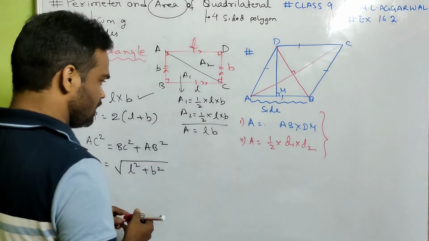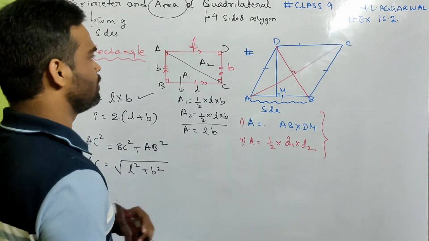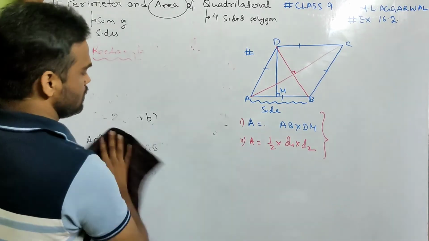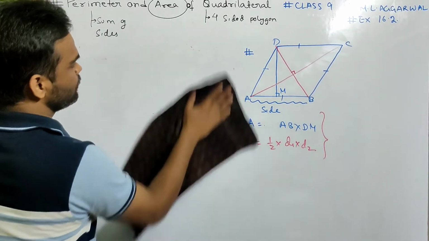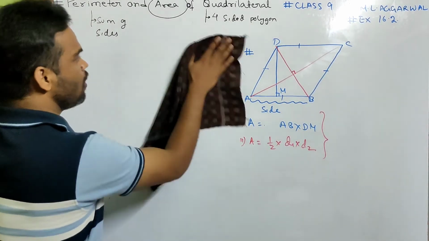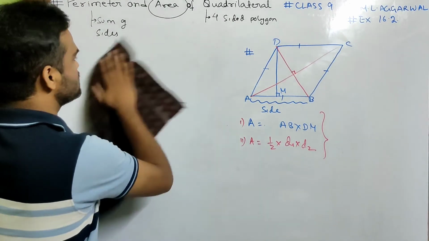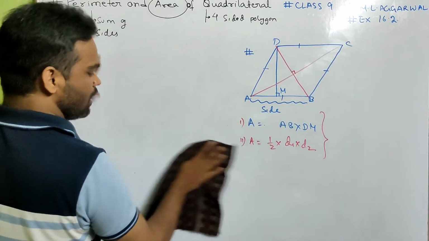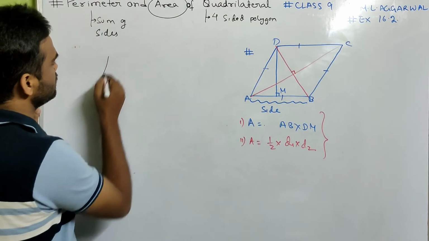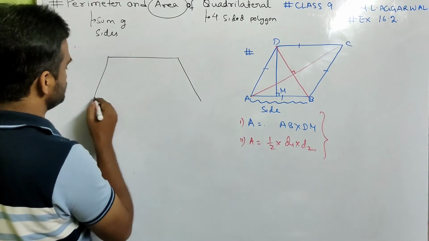Done? Now next, one more figure we need to discuss, and that's trapezium. So what is a trapezium? We all know. Trapezium is again a quadrilateral in which one pair of opposite sides are parallel and the other pair is not parallel, which means something like this.